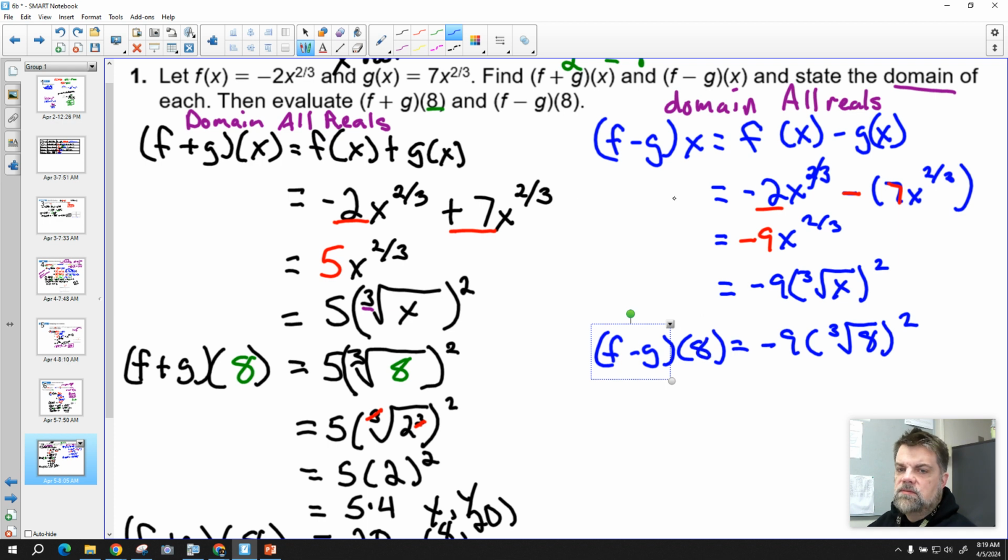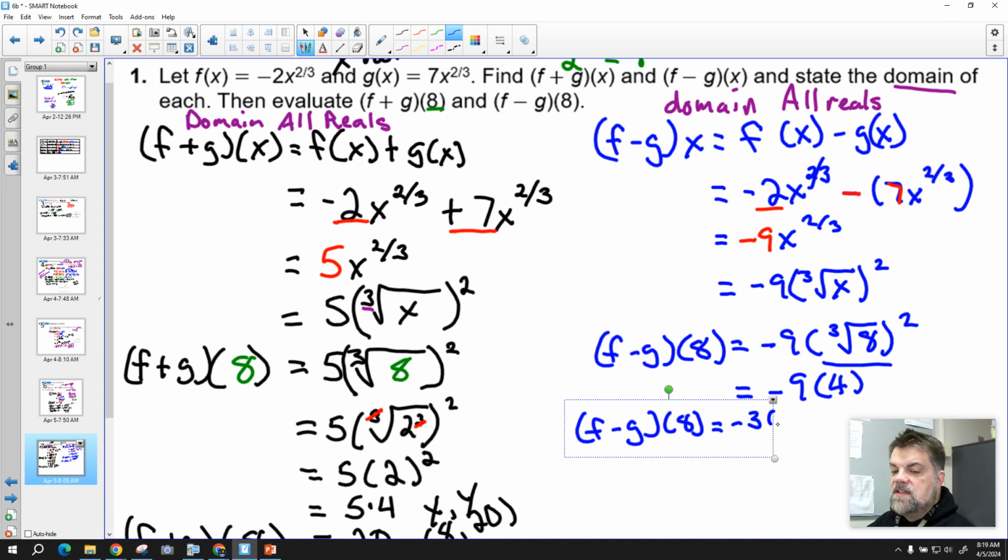Oh well. And we know what the cube root of 8 squared is, right? Doesn't this whole thing here become 4? So this is negative 9 times 4, right? So then f minus g of 8 is equal to negative 36.